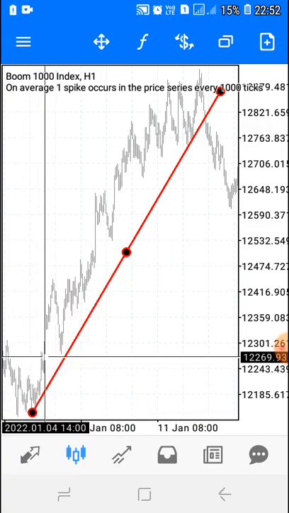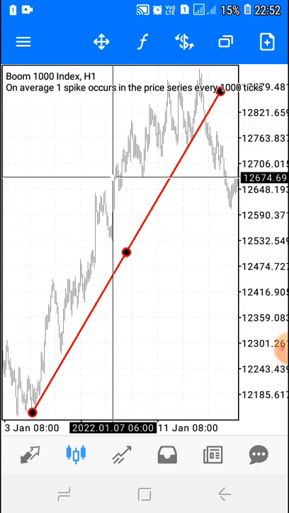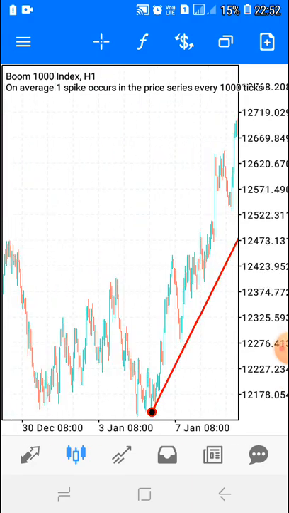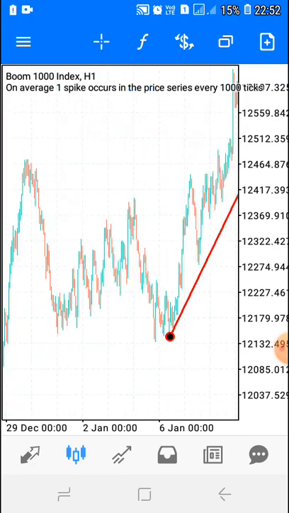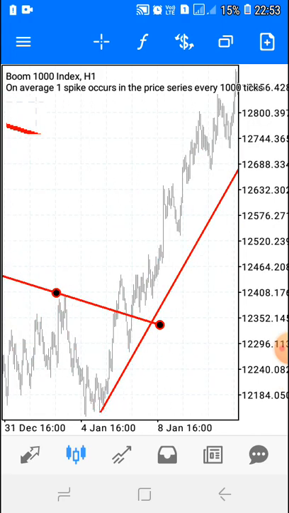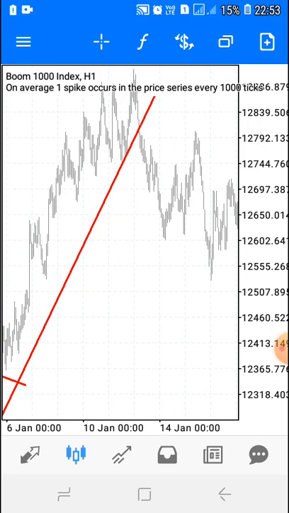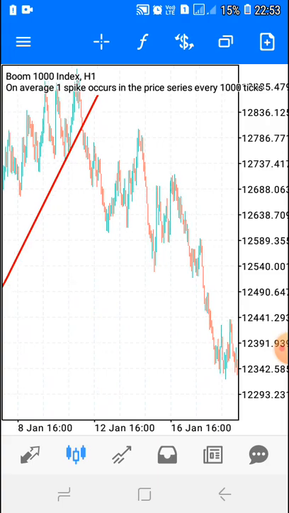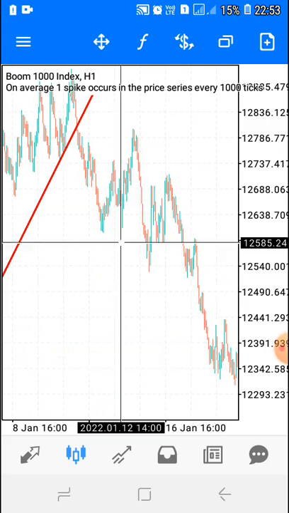So over here we were only supposed to get spikes, right? This is where the market made this move, and after that move the market decided to move up, and it went up for a long time, like 1 to 2 weeks, and then it decided to break below the trend line.